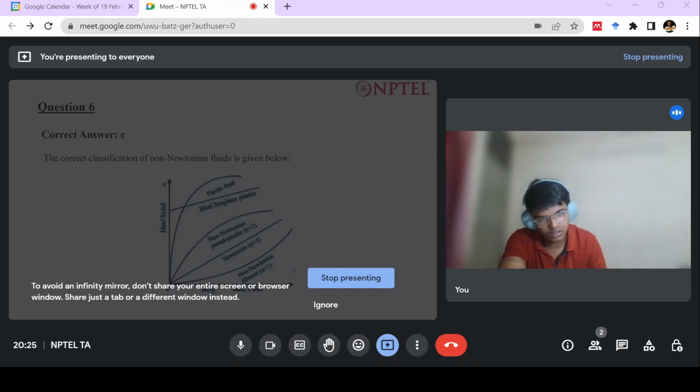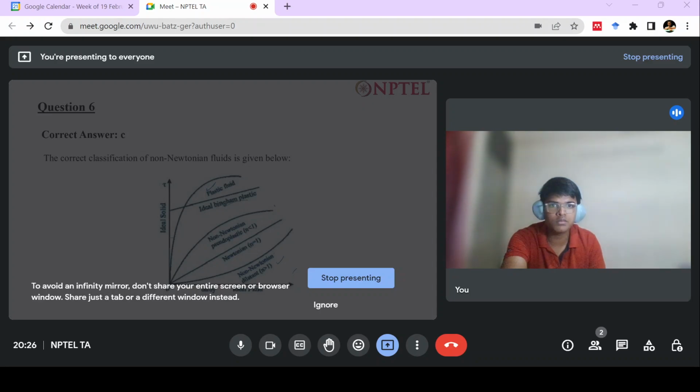So we can have dilatant fluids, which thicken, becoming more viscous as you apply more stress. You can have pseudoplastics, which become less viscous as you apply more stress. You also have Binghams. Binghams may be plastics, which after a certain amount of stress show their fluidity, or they can be ideal Binghams.